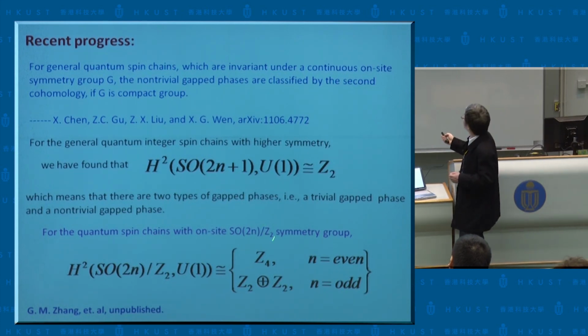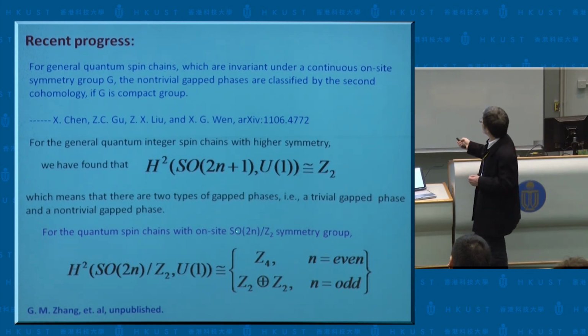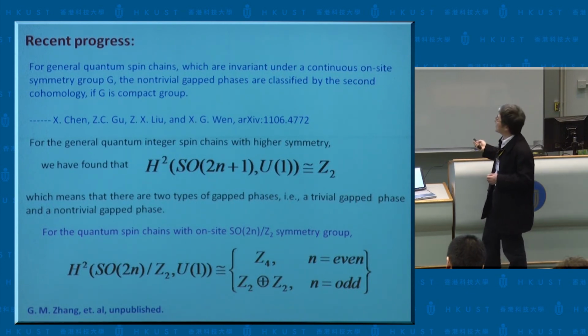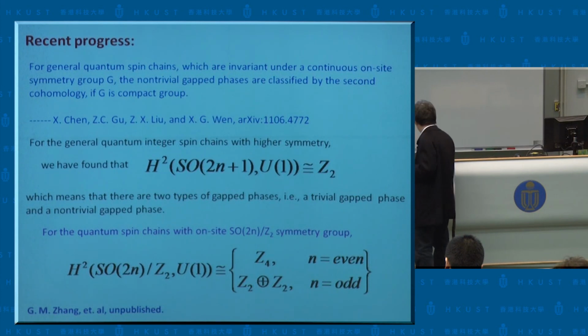However, if you take the quotient by Z2, you can get four different gapped phases in this case.